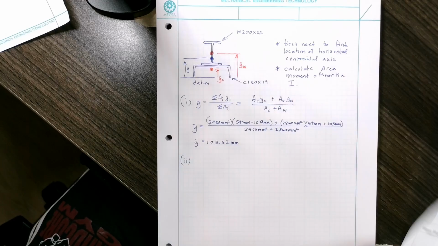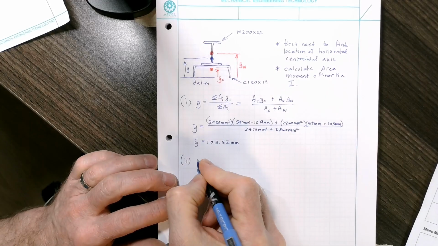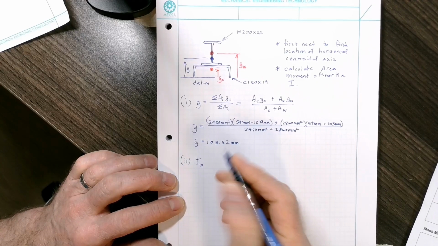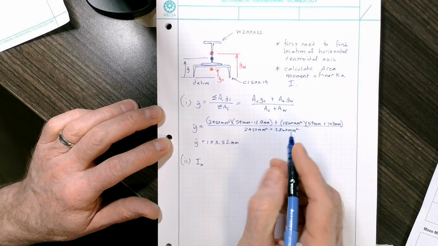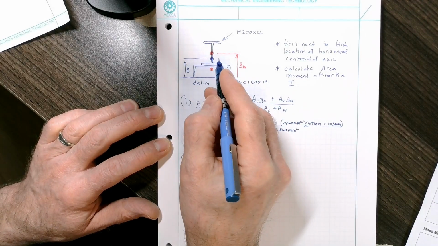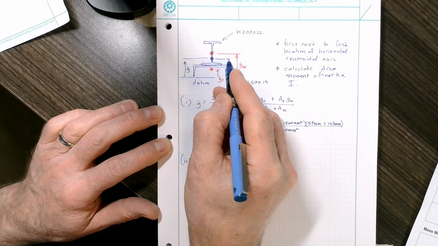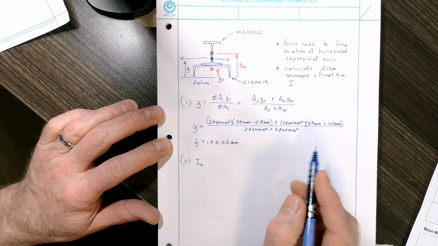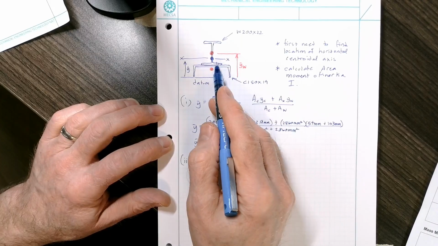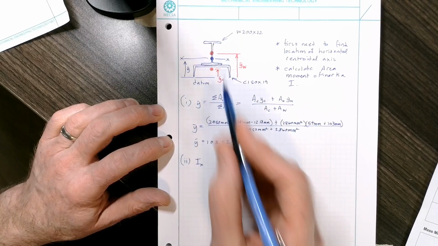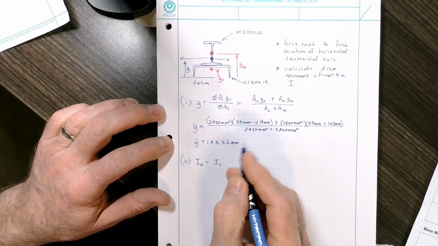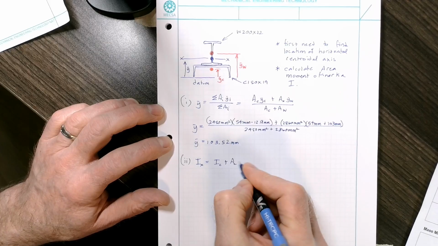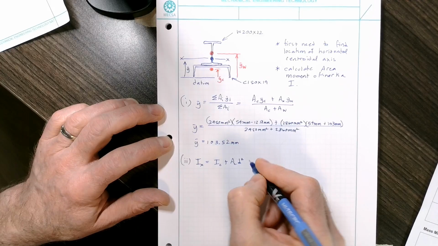Let's go have a look at this. So it looks like this. Here's the whole thing. IX, I'll call it. Often XX like that, which is the moment of inertia about the centroidal axis right here. Let's call that XX. The area moment of inertia about that centroidal axis, IX, is I C channel plus area C channel times distance squared, right?